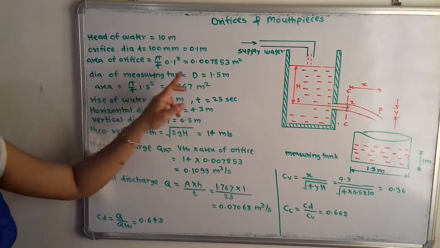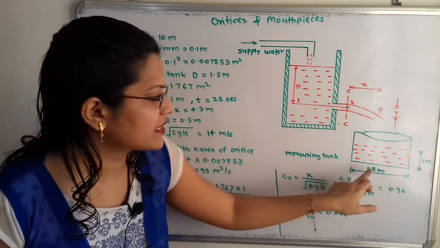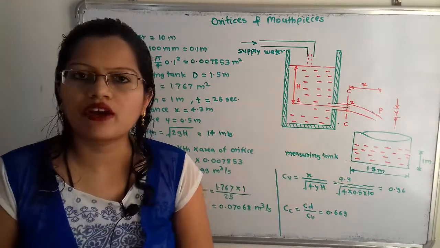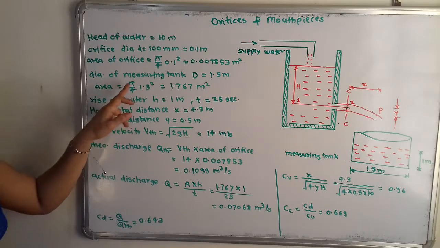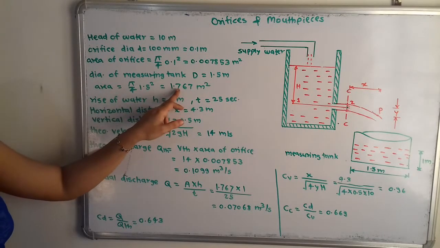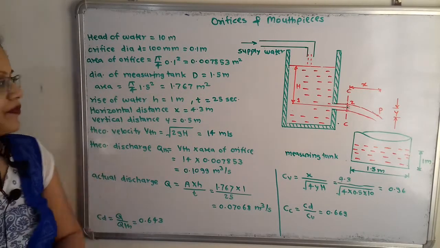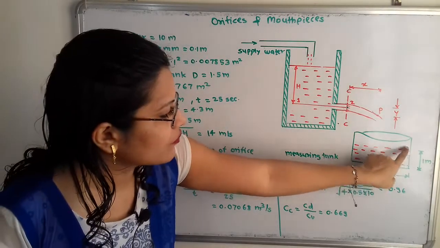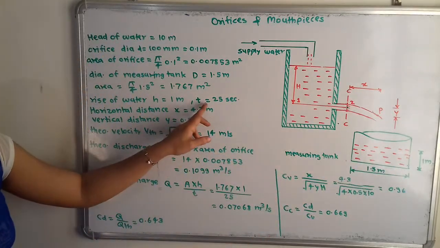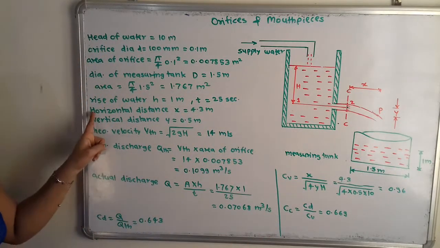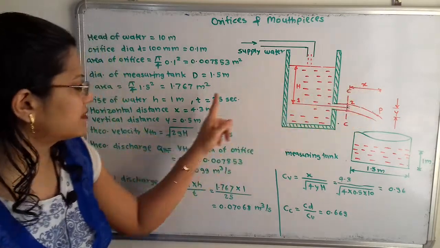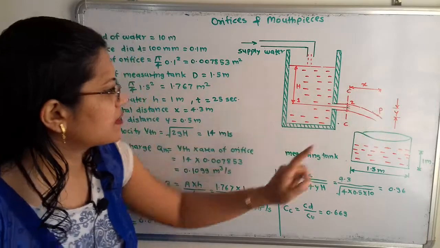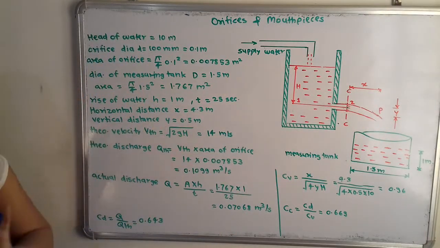Then the diameter of the measuring tank is 1.5 meter, so its area is pi by 4 d square, which is 1.767 meters square. The rise of water level in the measuring tank is 1 meter in time 25 seconds. The horizontal distance x is 4.3 meter, and the vertical distance of point P is 0.5 meter.